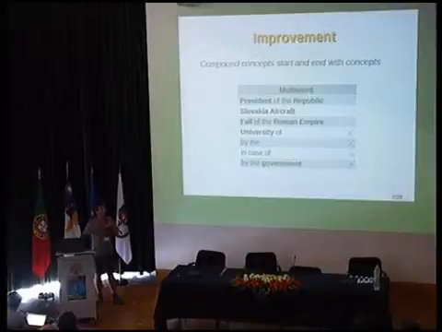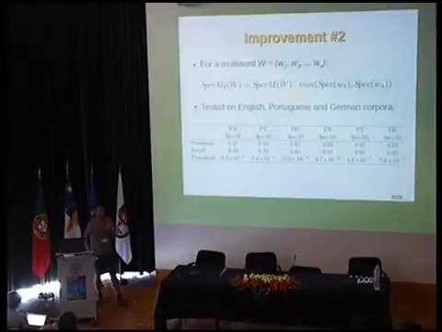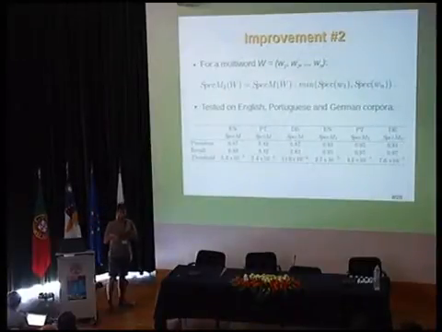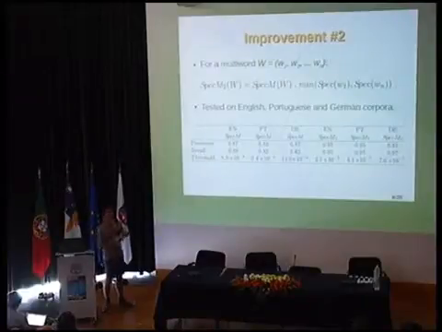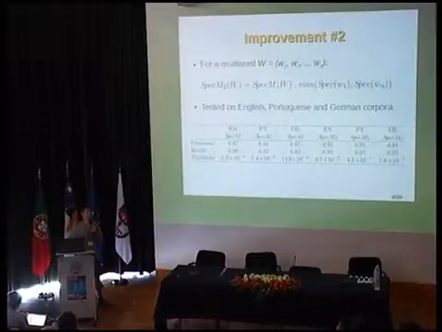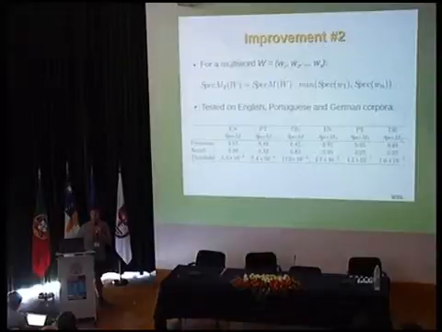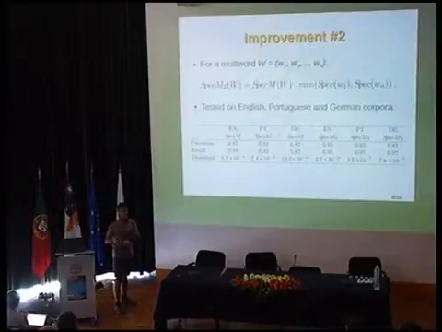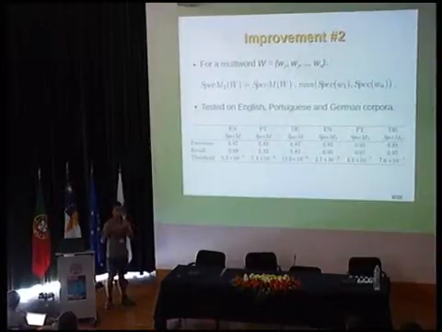So we want to improve this. The idea for this improvement is a simple thing. We already had spec M, which is how we compute the specificity of a multi-word. I won't talk about what we do here, but afterwards we just multiply by the minimum specificity of the first word or the last word.